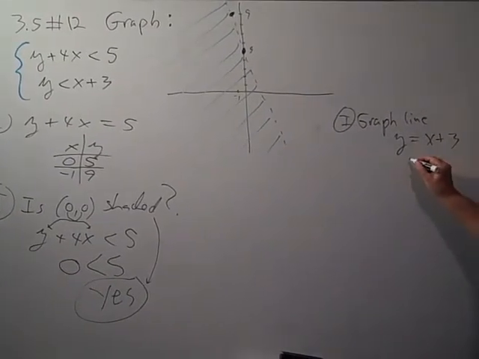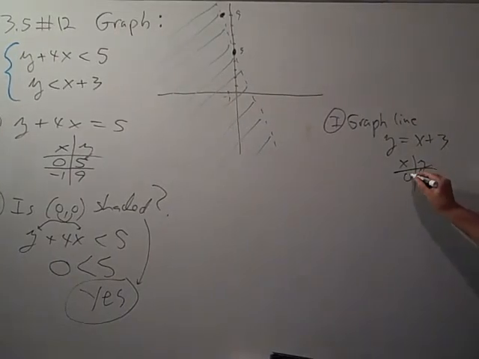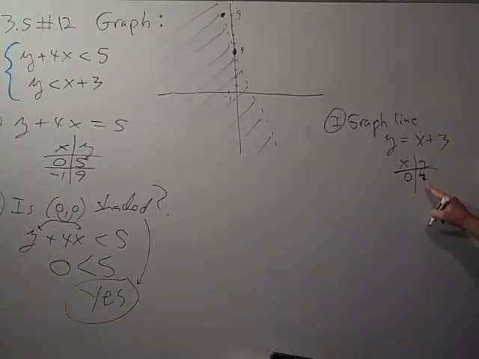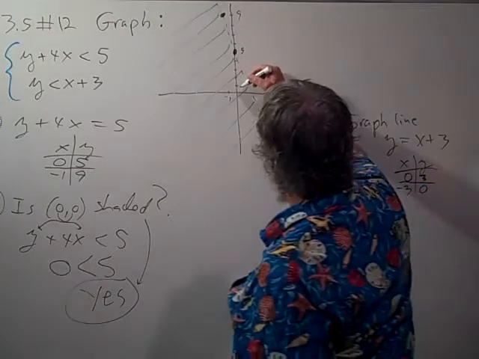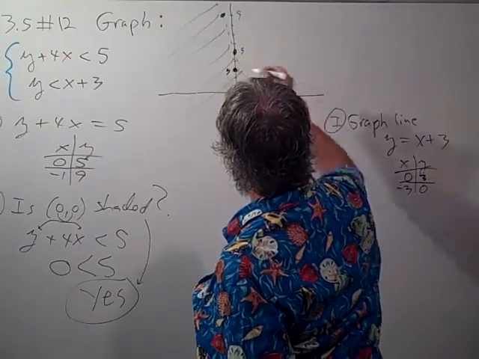So finding a little xy pair, a couple of them for this. If x is 0, then y is 3. That's the y-intercept when x is 0. And we can also let x equal negative 3, because negative 3 plus 3 adds up to 0, then y is 0. So there's 2 points on this line, so we can graph it. 0, 3, 0, 1, 2, 3, here's the y-intercept at 3.